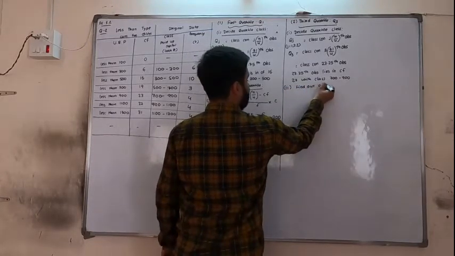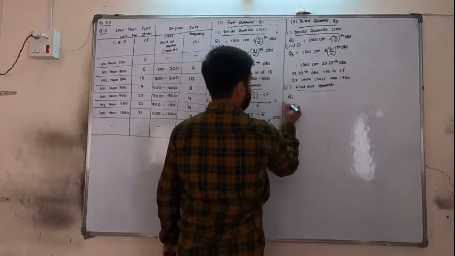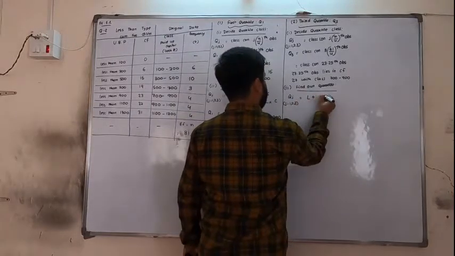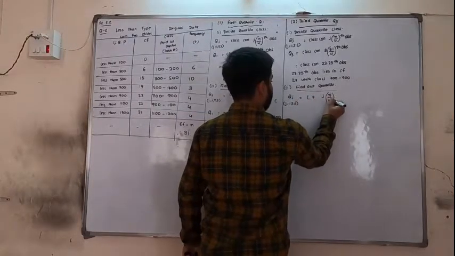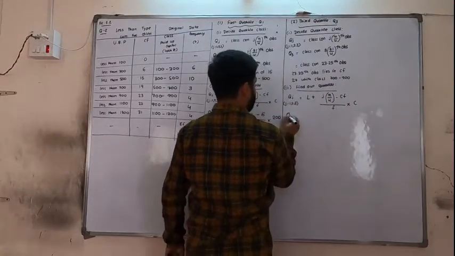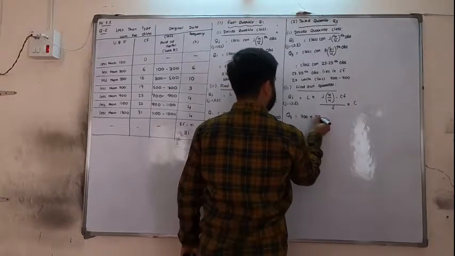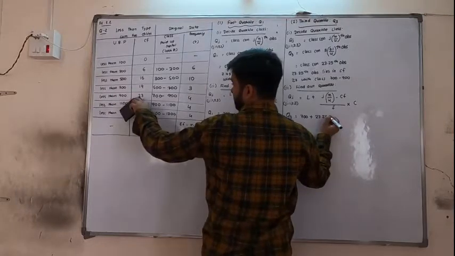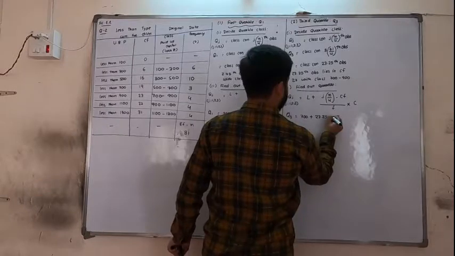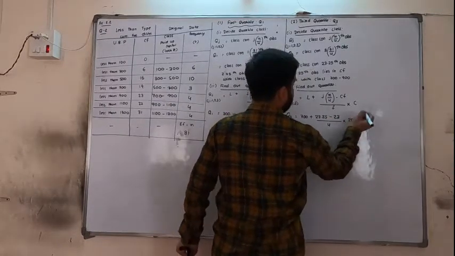find out quartile. Qj, j is equal to 1, 2, 3, is L plus j n by 4 minus Cf upon f into C. We need Q3: 700 plus 23.25 minus the cumulative frequency of the previous class, which is 23, divided by the frequency of the same class, which is 4, into 200.